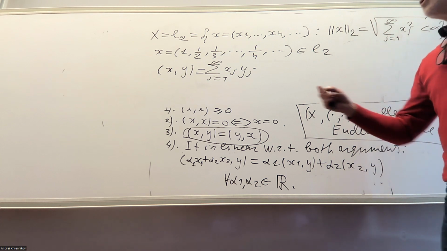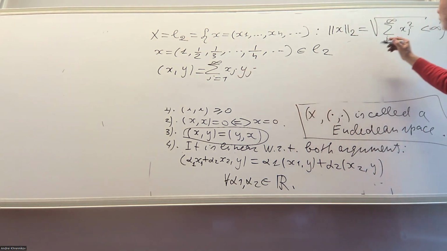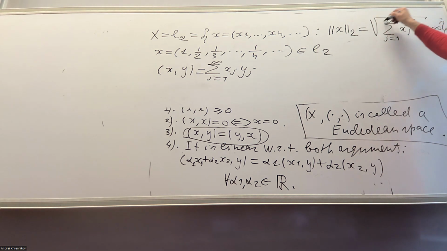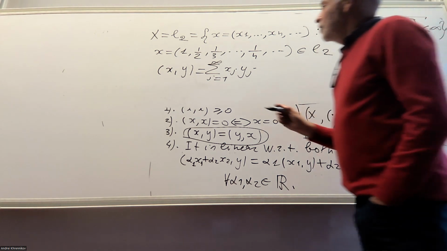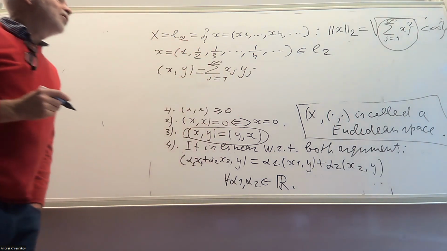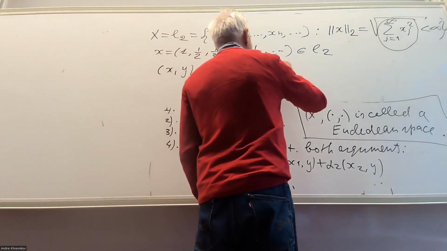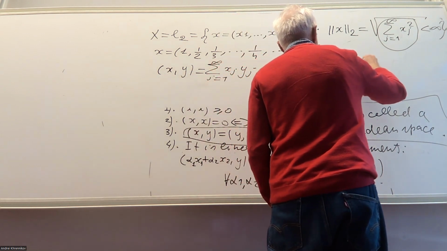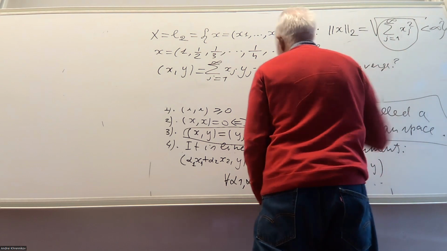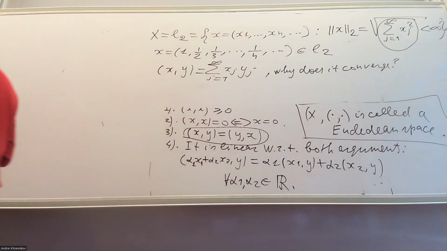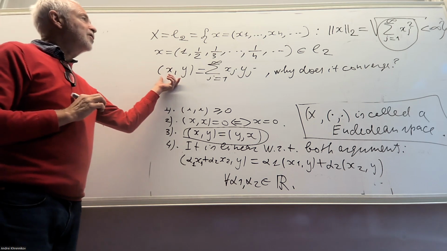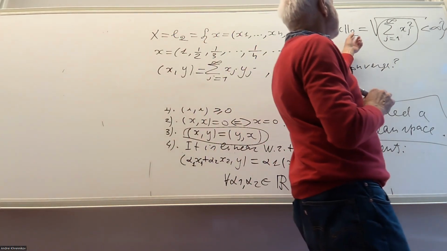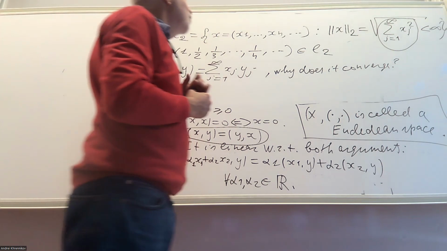Of course, there is a natural question why this series converges. Because our condition was that the series of squares converges. But now they are products. So of course it's important why it converges. And there is some relation between scalar product and Euclidean norm.